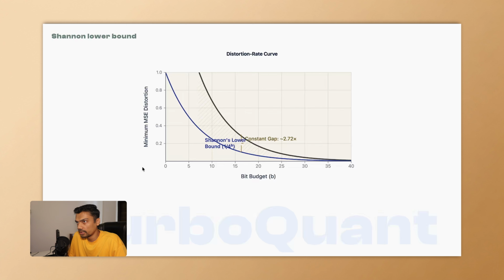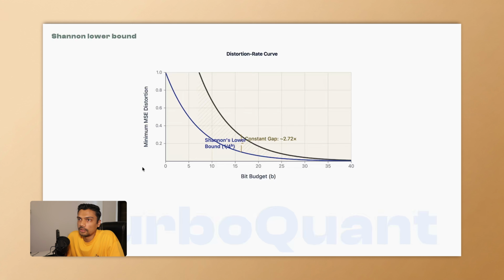So Shannon proved in 1948 that the minimum achievable distortion for compressing a source with entropy h of x using b bits is at least D of b greater than or equal to d divided by 2 pi e, multiplied by 2 to the power of 2 divided by d times (h of x minus b).